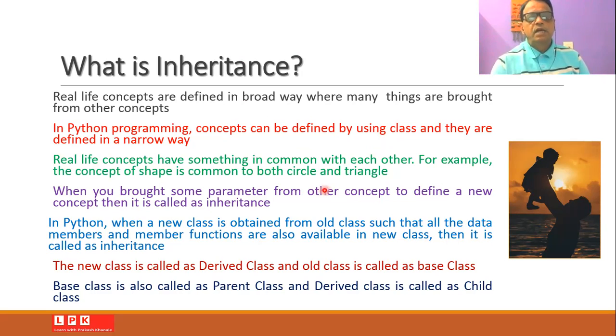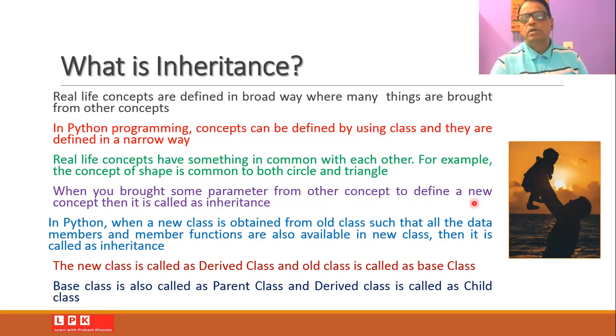Real life concepts always have something in common with each other. For example, the concept of shape is common to circle, triangle, and rectangle. When you bring some parameters from another concept to define a new concept, that is called inheritance.